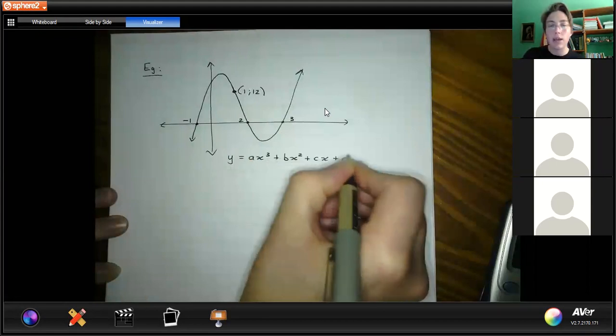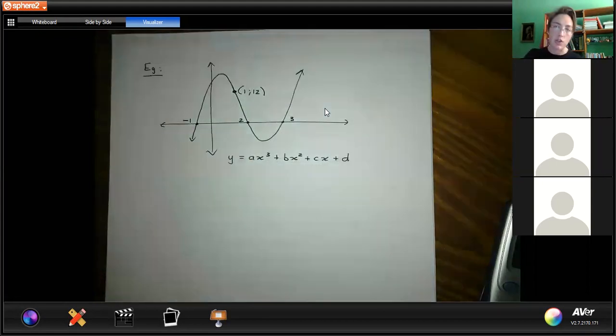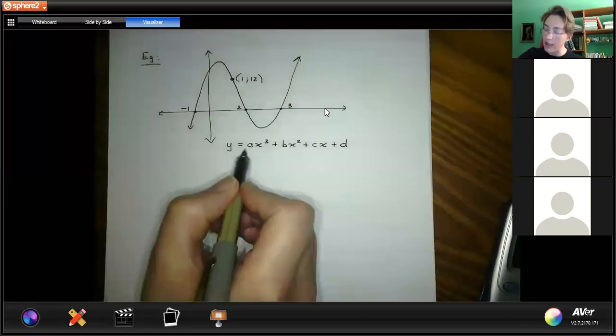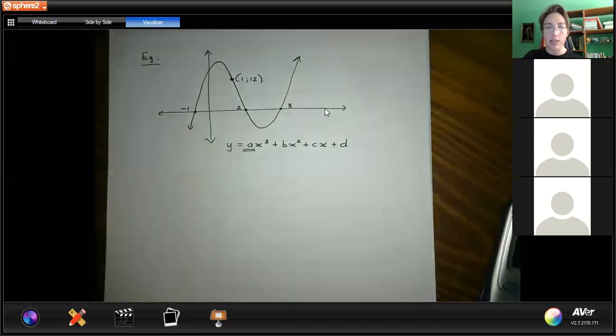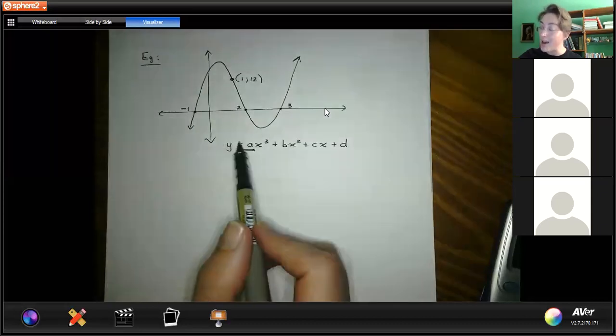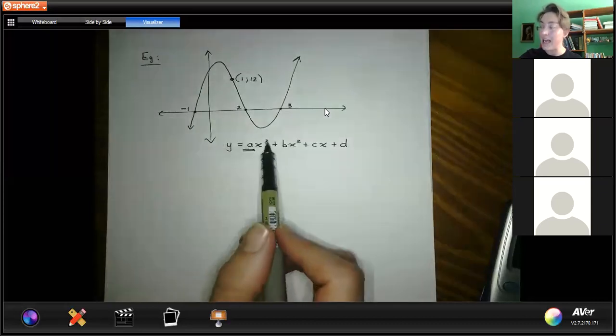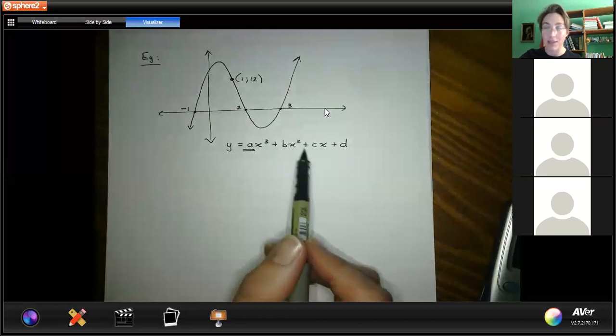Now, again, when I was discussing finding the equations of these graphs, I did mention to you guys, a lot of the time, they actually give you the a value. So please read the instructions very carefully, because the instructions might actually say, find the graph of y is equal to x cubed plus ax squared plus bx plus c.